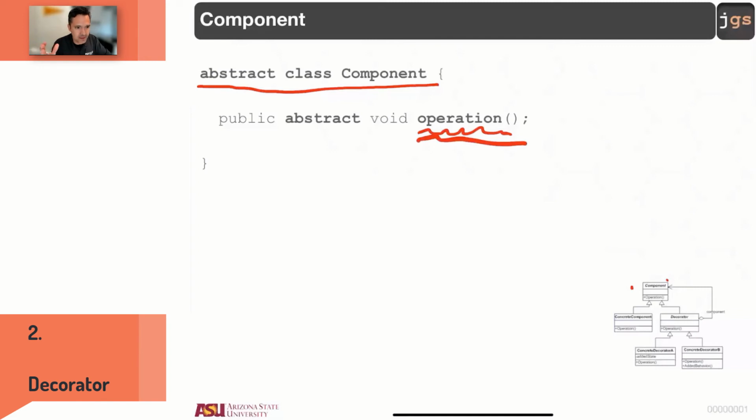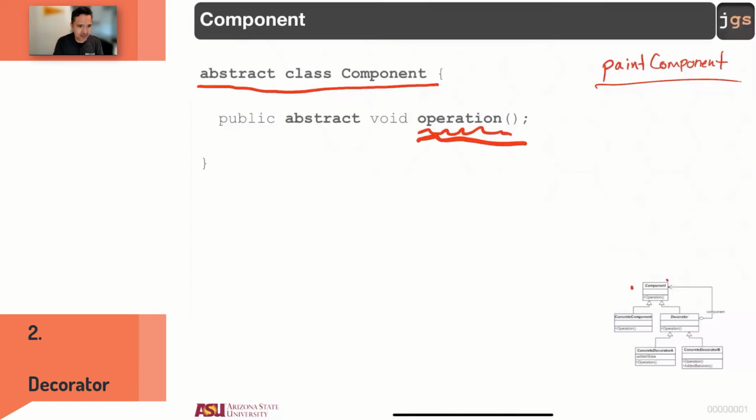In my example, for the Java graphical user interfaces, every single element, a label, a button, a text field, all of them have a method and that method is the method that draws the widget.